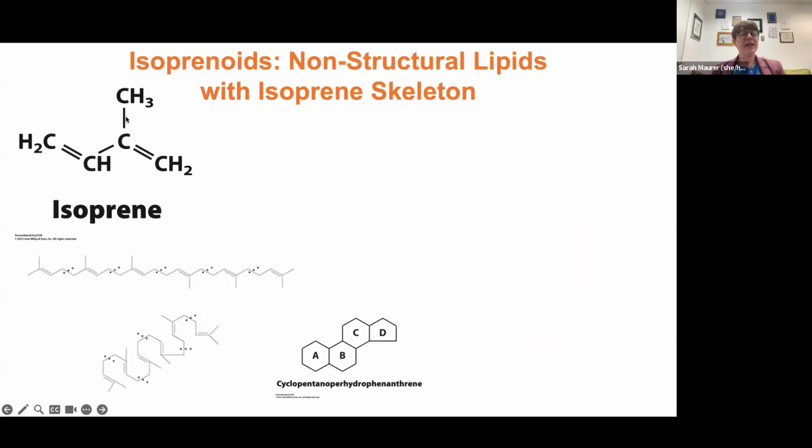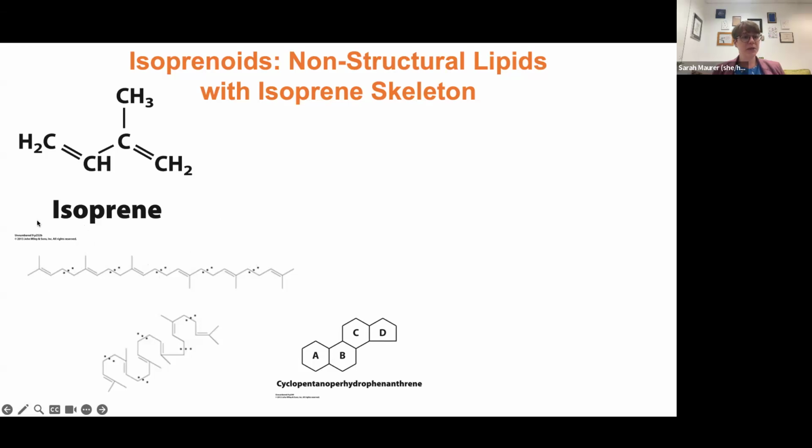Okay, it even gets more diverse because we have one other lipid type, which is made of these isoprene groups, which are 5 carbon groups instead of 2 carbon groups. You can see these little black dots represent where you would cut those off as 5 carbon units.